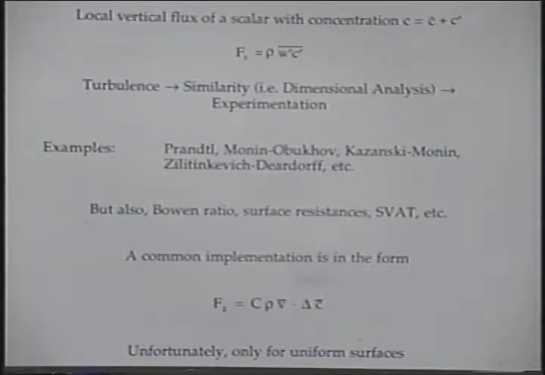This is all good and well, but this expression is really not terribly useful for most practical problems. So we have to use a different approach in most situations. And for the description of turbulence at and near the Earth's surface, similarity is probably still the only tool we have available.